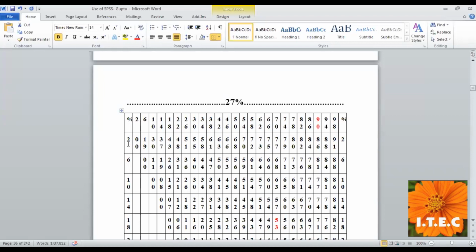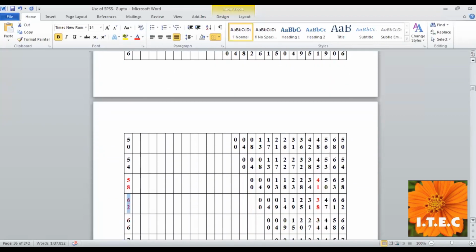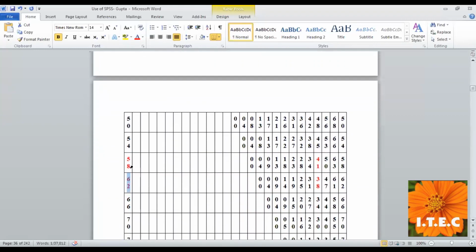So if you are 2% and you keep on increasing from the top, then discrimination becomes very apparent. So this is how you can find out the value of the discrimination. Now here let us see how we calculate the value. When it is 58, then the value of 90 is 0.41, and when it is 62, then it is 0.38.